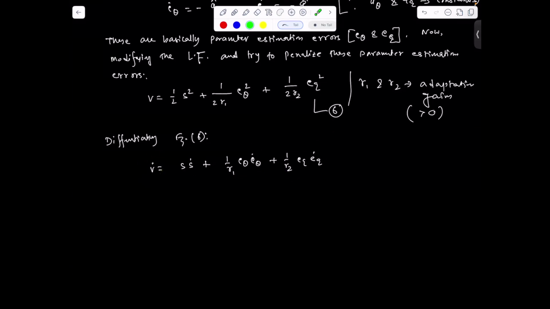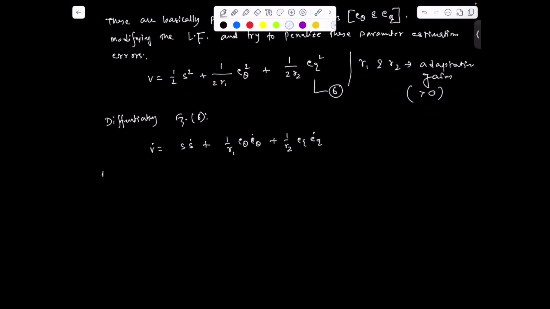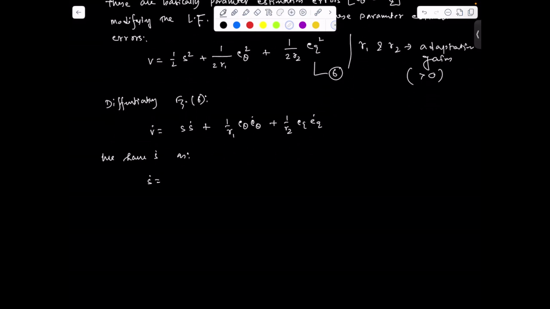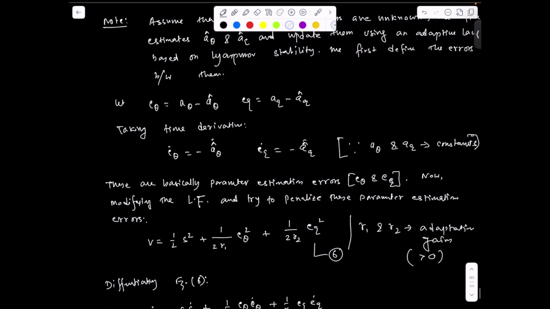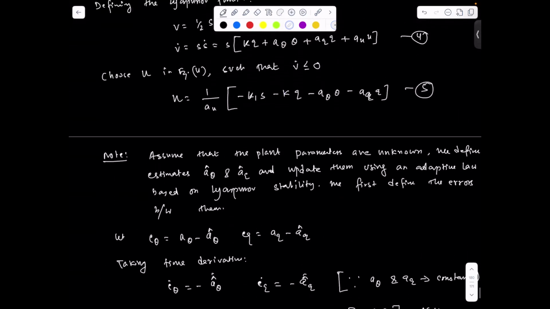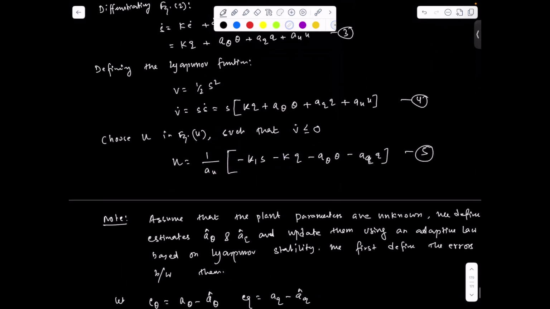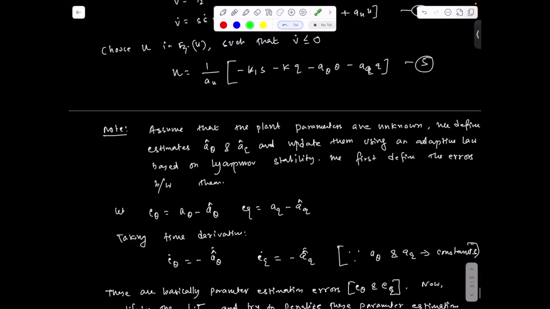From this we already have S dot equal to kq plus A theta theta plus AQ q plus A u u. This you have already found, equation 3.